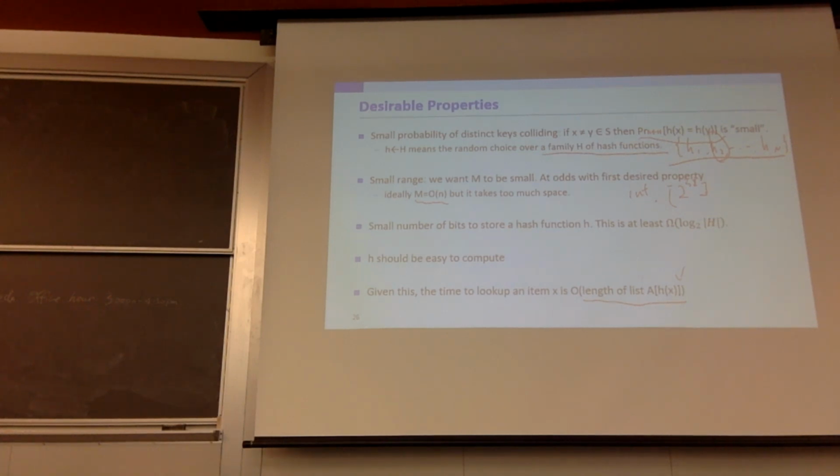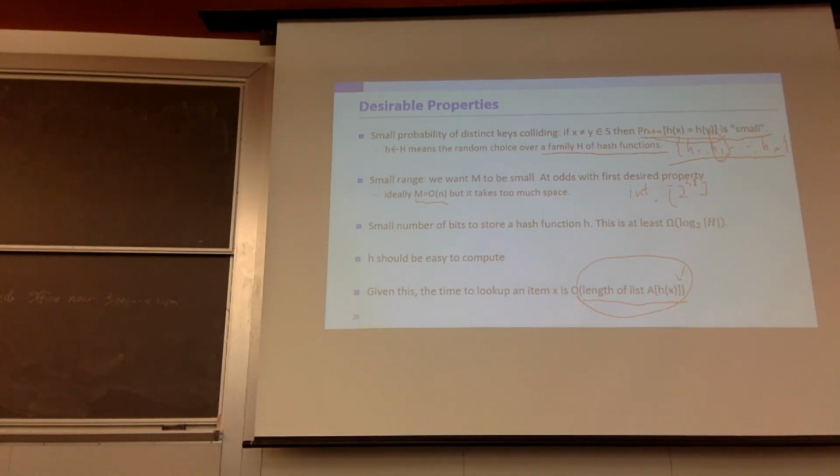So we want this probability to be small. Why? Because if this is small, we can prove that the expectation of the length here is really small. It's a constant in certain cases.